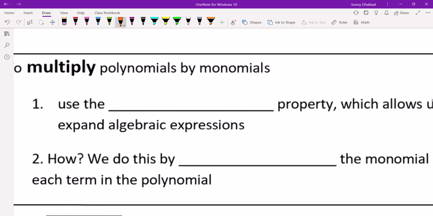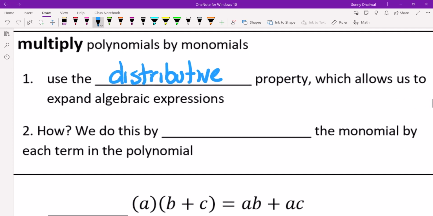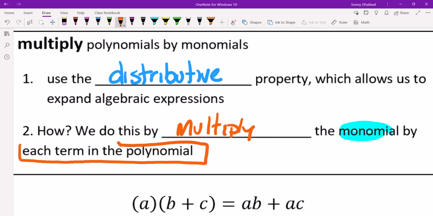All right, so we're going to use the distributive property. This is where we take that monomial and we multiply it to every single term in that other bracket, right?